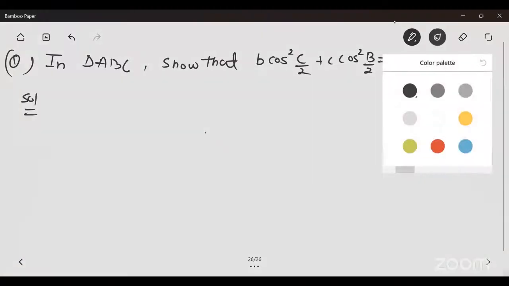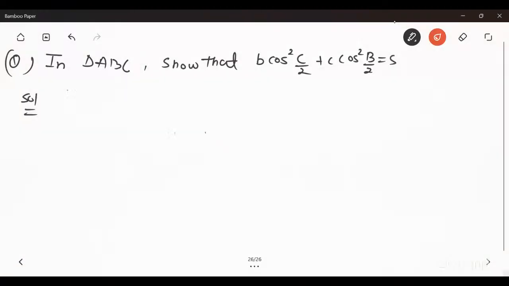The solution of that was b times cos square C by 2 plus c times cos square B by 2.